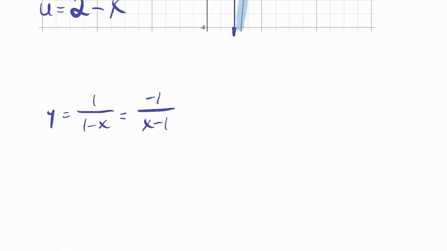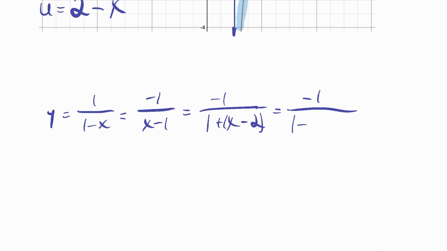So what I could do is I could say, well, this is the same as, and this takes a little bit of creativity. You just got to think, okay, what are my options? If I were to add 1 here, and then subtract 1 here, right? That's really the same thing. Then I can group the x and the 2 together in parentheses, and I can factor a minus sign out of that grouping.